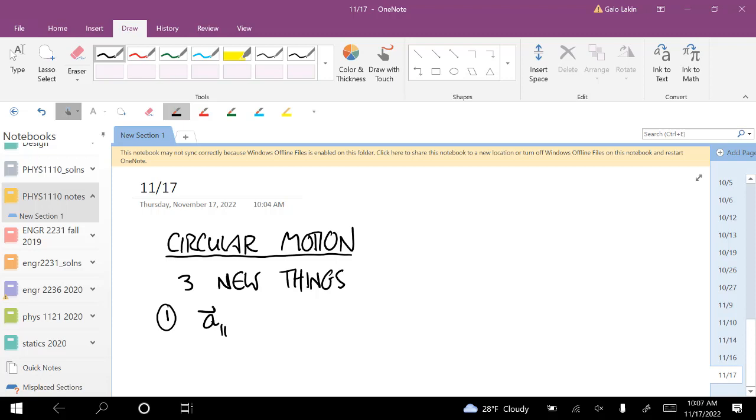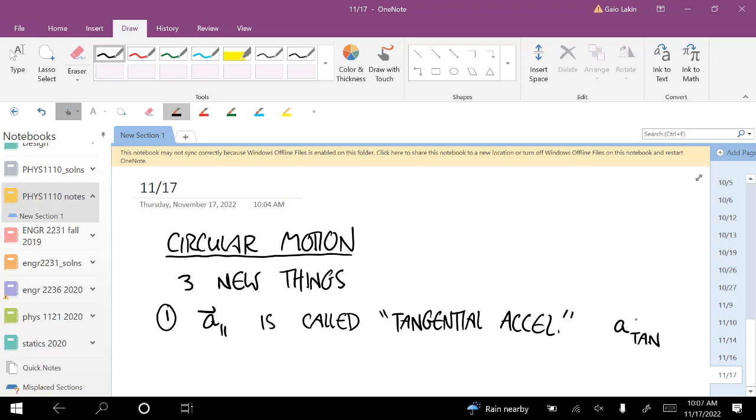In circular motion, aparallel has a new name. It's called tangential acceleration. I'm going to call it A tan, it's a vector. So that's the tangential acceleration.